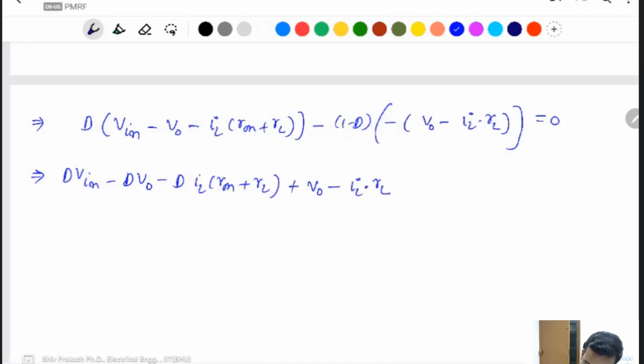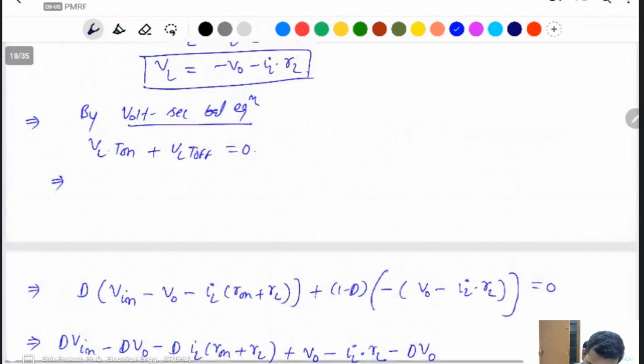We multiply by minus D, then minus of D Vo. So this one is positive, not negative, the positive voltage.